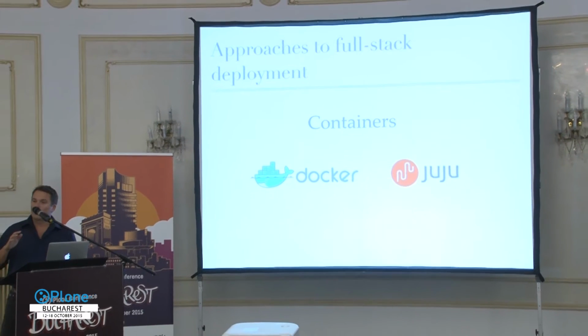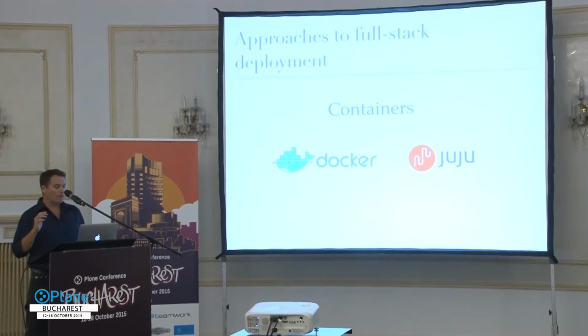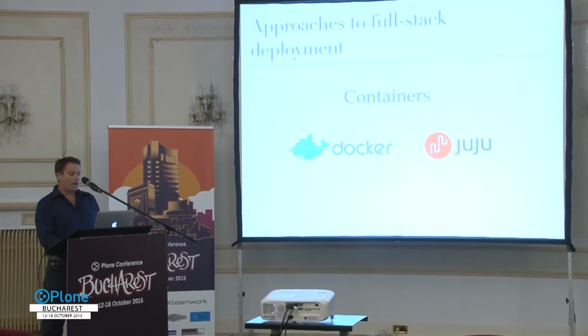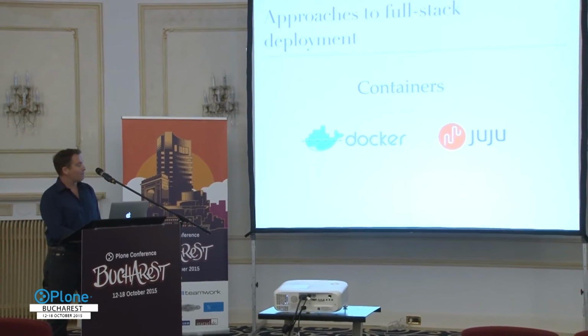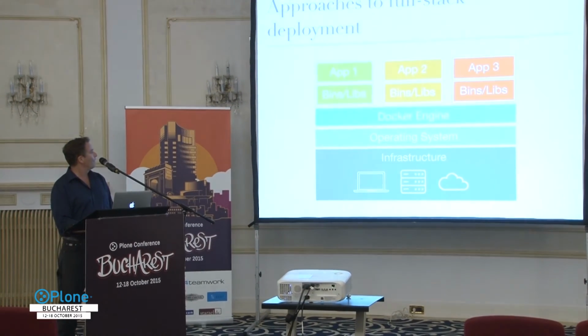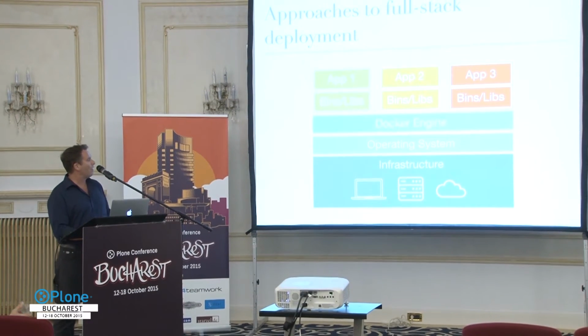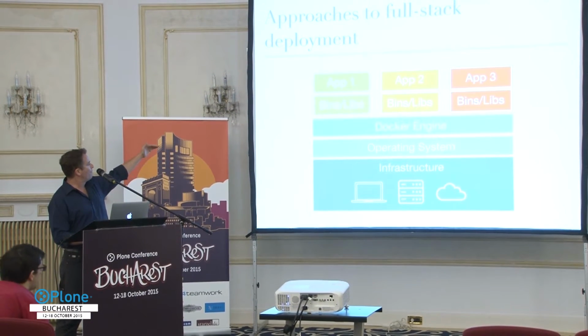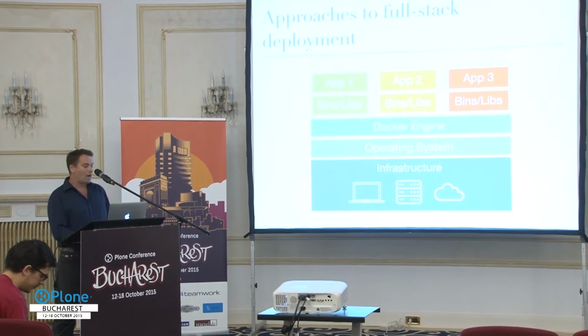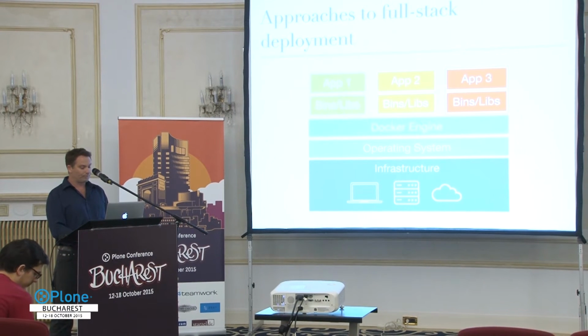In the container paradigm, the working units are the individual applications that make up the stack. So the green, yellow, and red blocks above the Docker engine are the working units that you want to control.